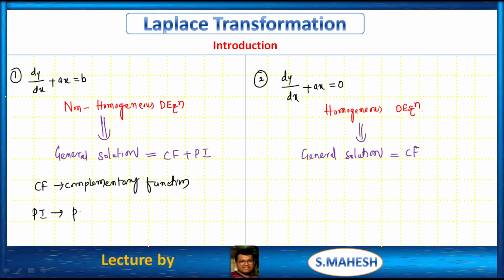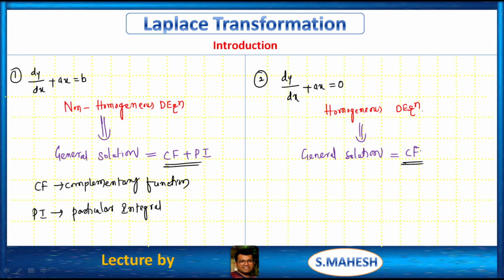This is the particular integral, right? So simply, if we have a non-homogeneous differential equation, the general solution is the complementary function plus the particular integral. But if the differential equation is homogeneous, then we have only the complementary function.